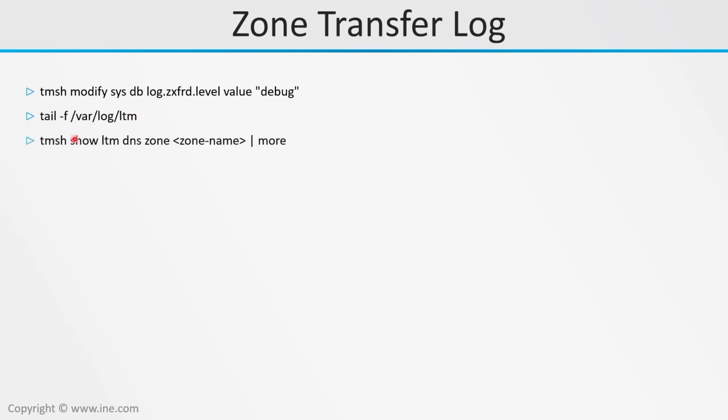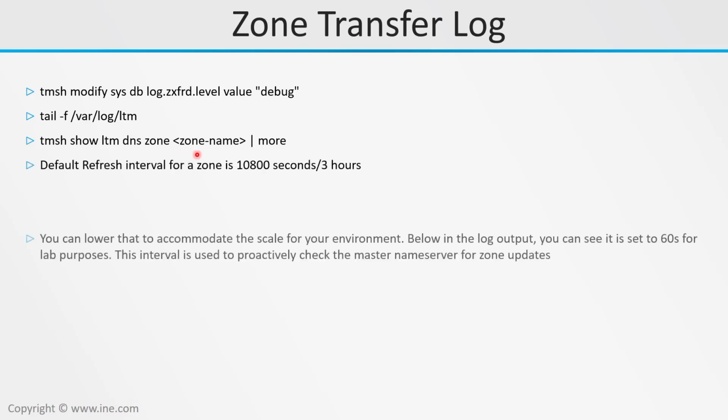Okay, so for the last topic in this video, we'll talk about the zone transfer log. There's a really nice debug you can use at the command line to enable the debug level log for zone transfer specifically, and then you can tail the LTM log to get that information. You can also use the TMSH command based on that particular zone to get additional information.